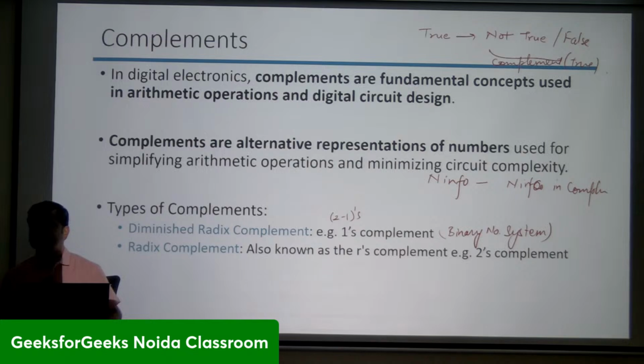For the decimal number system, it is the 10 minus 1 complement, the 9's complement. The radix complement is also known as the R's complement, so it is the 10's complement, the 2's complement, and so on. Is that clear? So how do we calculate these values?